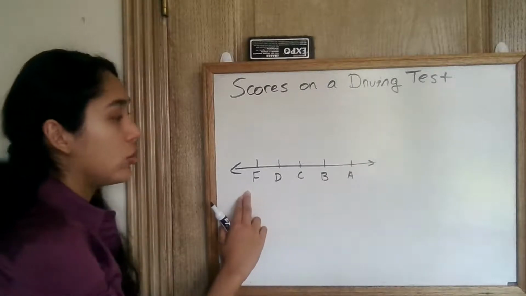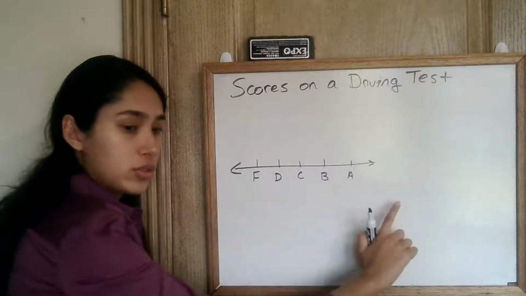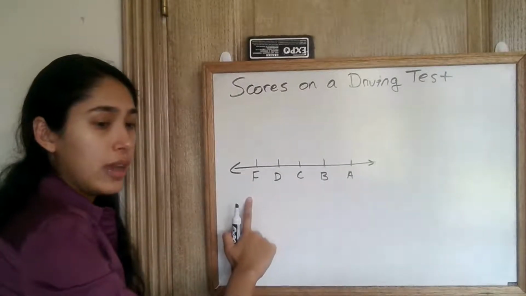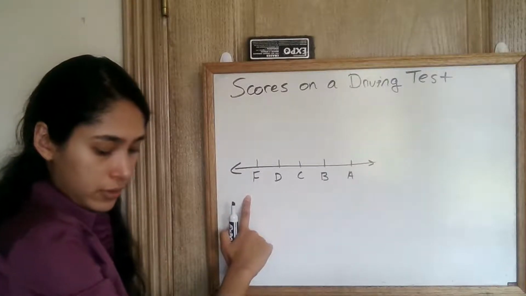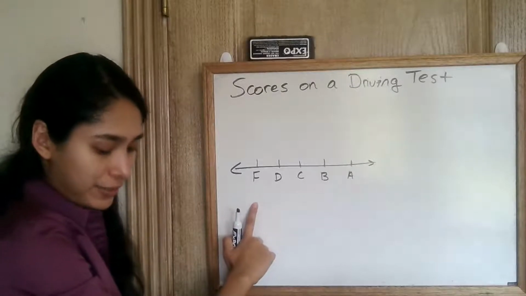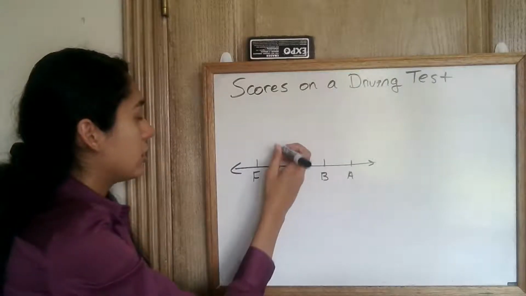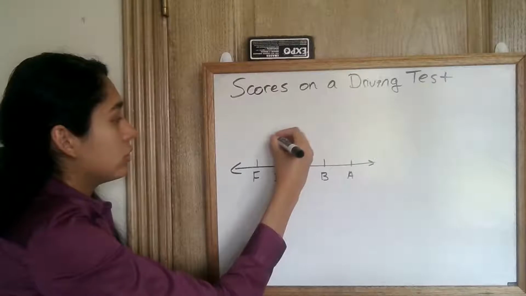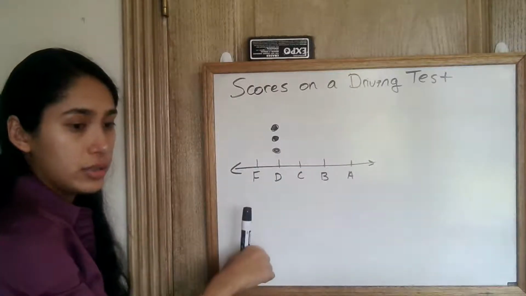So this would be our lowest. So knowing on our number line we go from 0 onwards to larger numbers, F is the lowest score. So we're going to put the F, or the lowest scores, on the left side. So let's say no one failed. Woohoo! And then we know that 3 people passed. So instead of using X's, we can also use little circles. So we say 3 people got D's.